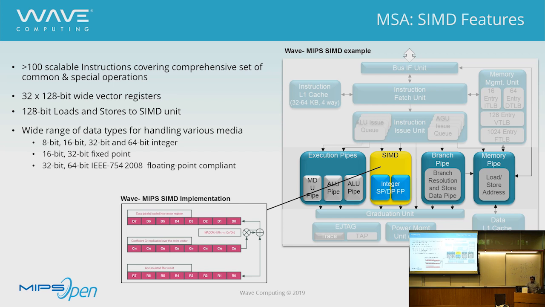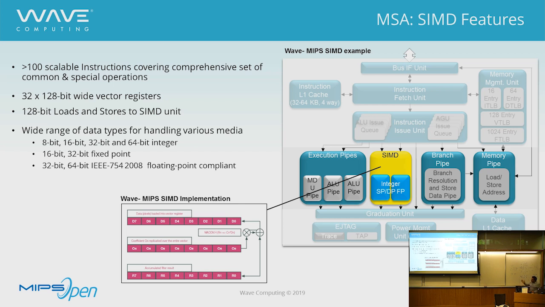Correspondingly, we also have 32 SIMD registers, also 128-bit wide. So you can have, let's say, your weights for your 3x3 convolution stored in the register, and not have to go back to memory all the time. It gives you a boost in improving some of the algorithms for your application.